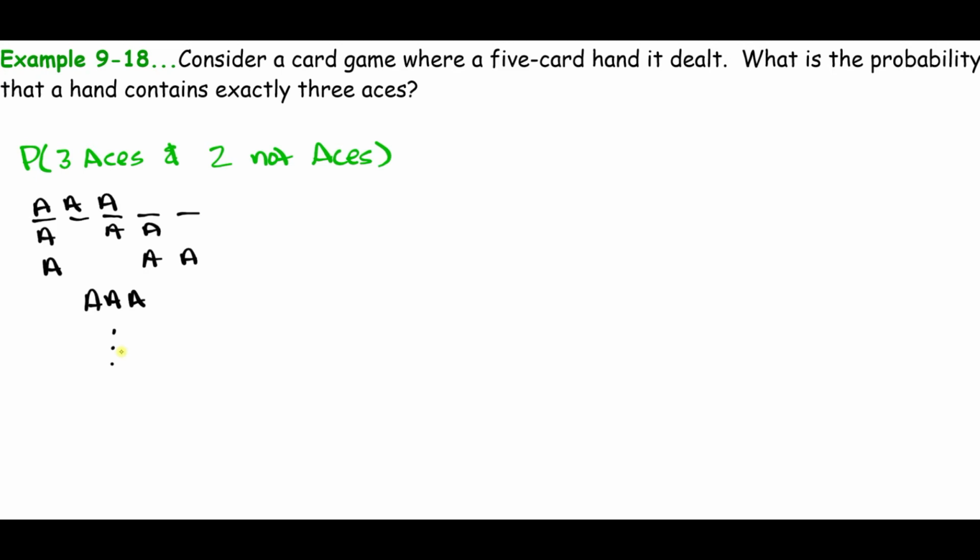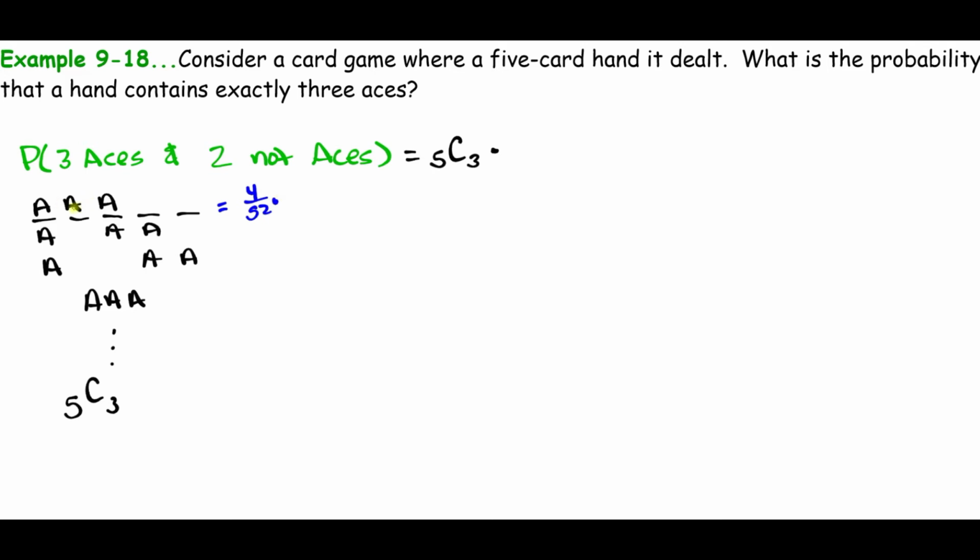So what we would have to do is figure out all of the possible combinations that I can create here where 3 of my spots are aces and 2 of them are not aces. In order to do that, from the 5 spots, we're going to choose 3 of them to be aces. So the probability of 3 aces and 2 not aces is 5 choose 3, and then for each of these, the probability of an ace is going to be 4 out of 52.